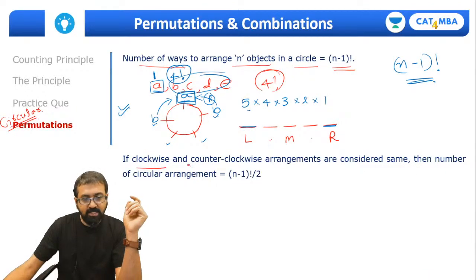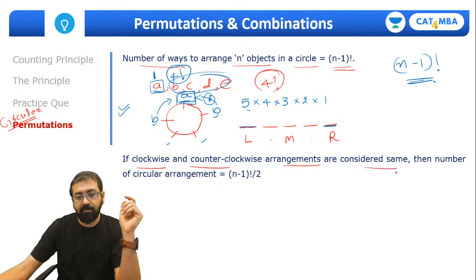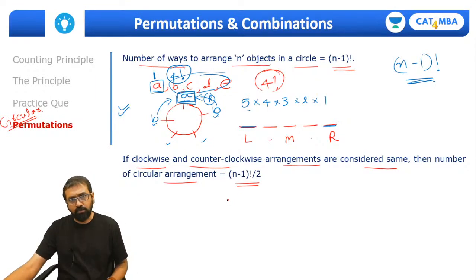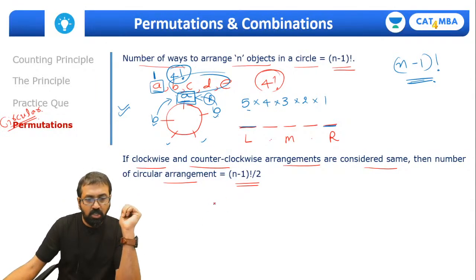So if clockwise and counterclockwise arrangements are the same, then the number of circular arrangements will be n minus 1 factorial by 2. Now let's understand the scenario. Suppose there are 5 people A, B, C, D, E, and we ask them to sit in a circle.